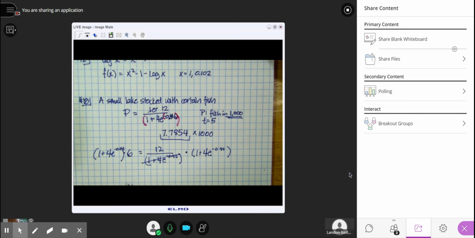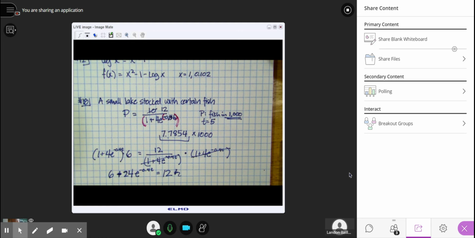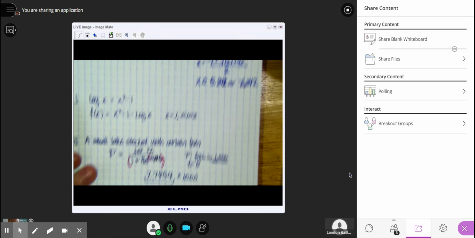Then I would go ahead and distribute so that you can begin to move terms around. 6 is equal, whoops, not equals. 6 plus 24e to the negative 0.4t is equal to 12. And I'm going to move the 6 over. Whenever you have a denominator, you just want to multiply by the lowest common denominator in order to get stuff out.